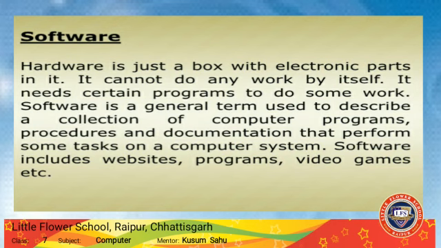Means software are the set of programs that allows us to work on the computer. Software includes websites, programs, video games, etc. Later, this software is of two types: application software and system software.